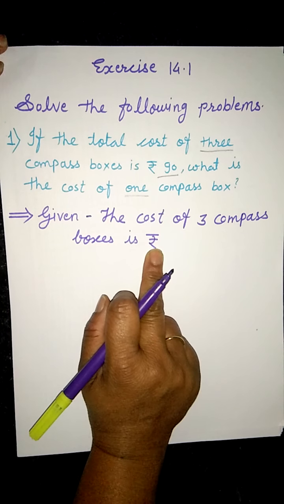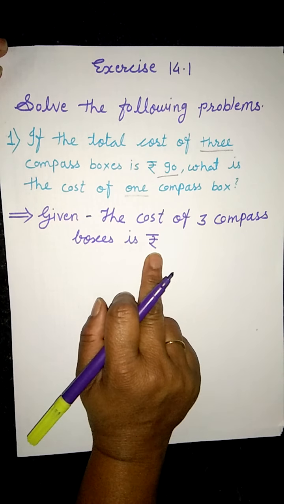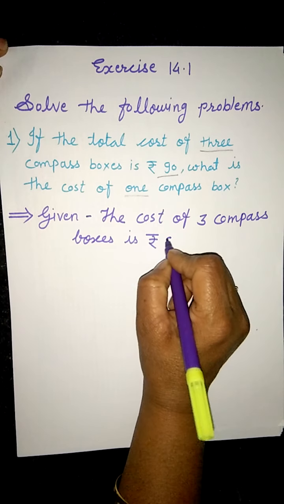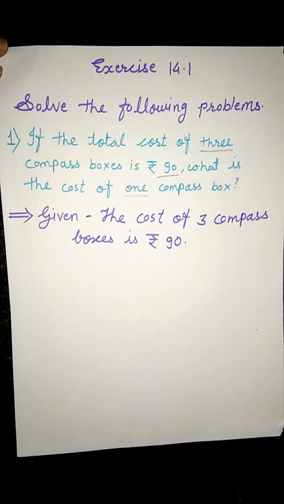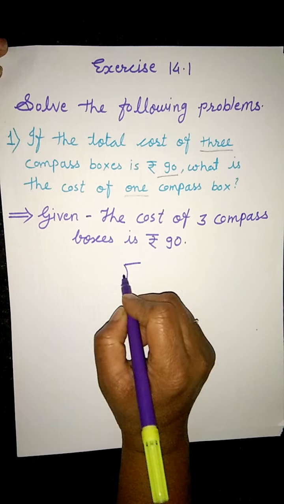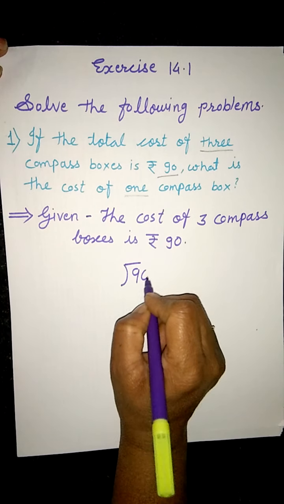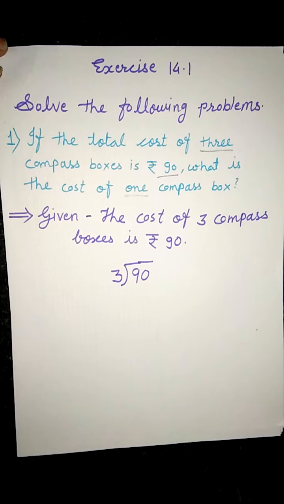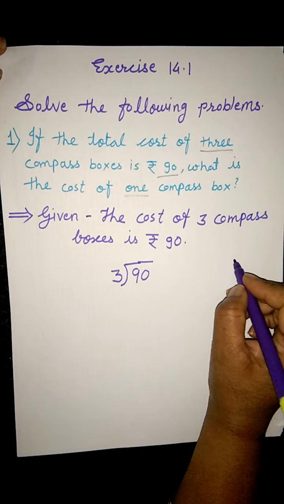In international market, we use this sign for rupees. Rupees 90. This is given in the word problem now. So, this is division 90 divided by 3. Now say 3's table.